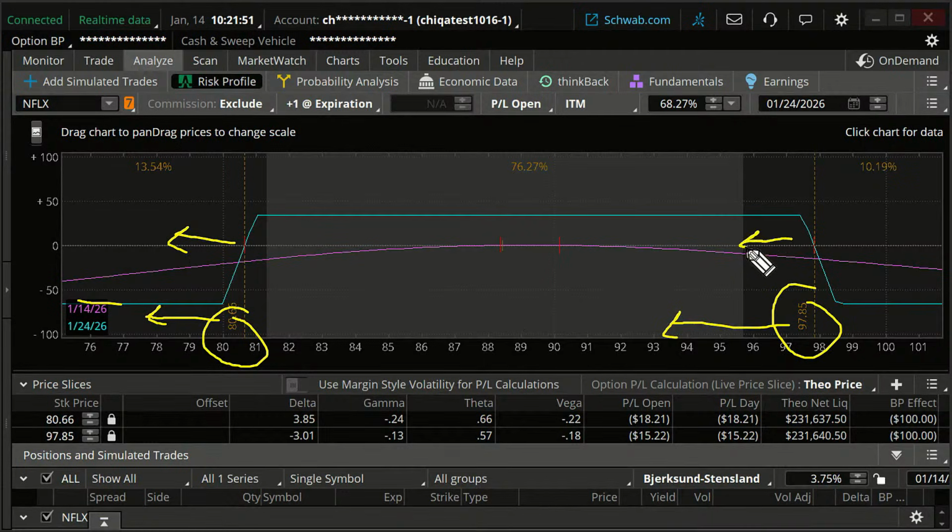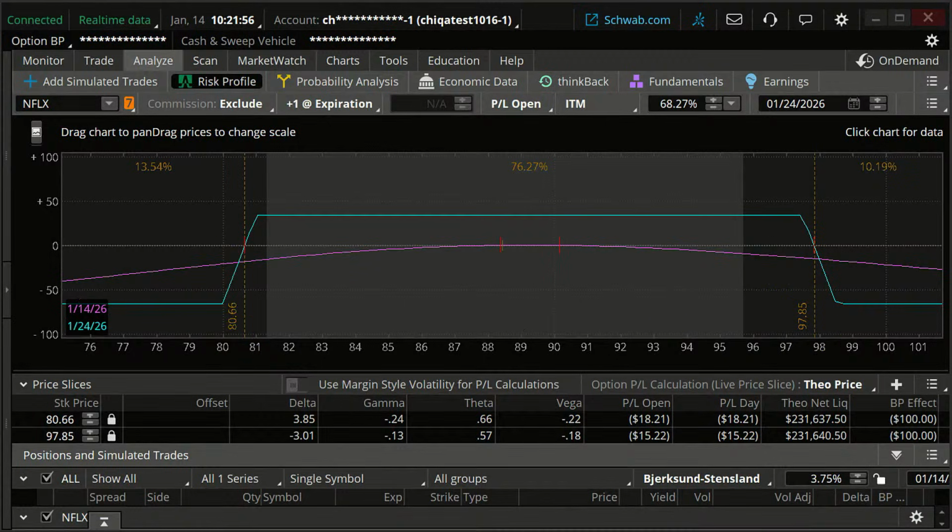Or vice versa if you want to make it more bullish. You could do the same thing. I'm not going to do that right now just for time's sake, and I want to make sure we don't shortchange our trade management today there.